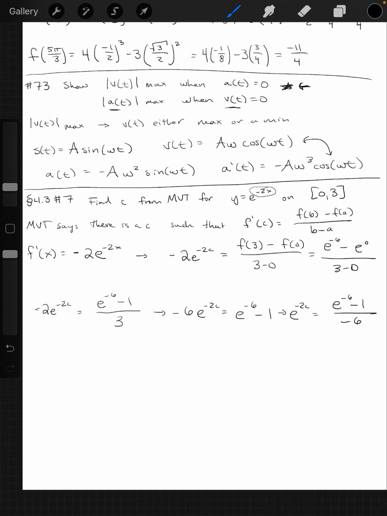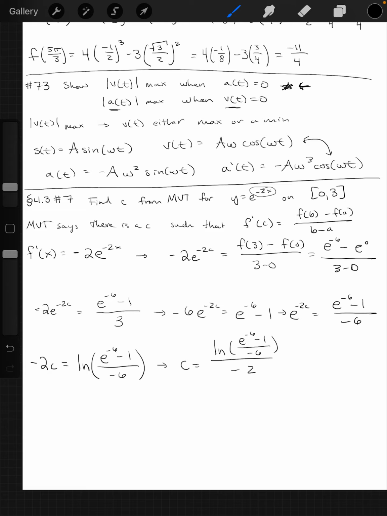All right. We want to get that c out of the exponent, and we do that by taking the natural log of both sides. So negative 2c equals the natural log of e to the negative 6 minus 1 all over negative 6. And then we want to isolate that c, so c itself is going to equal the natural log of e to the negative 6 minus 1 over negative 6, all over negative 2.